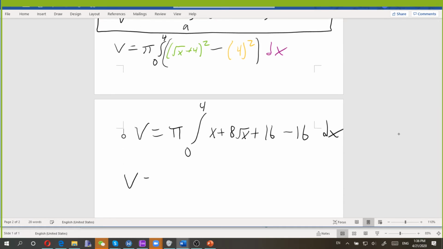So that leaves me with my volume is equal to pi times the integral from 0 to 4 of x plus 8 times x to the 1/2 power, which is the square root. And my 16 and 16 will cancel. So what happens when I integrate this?